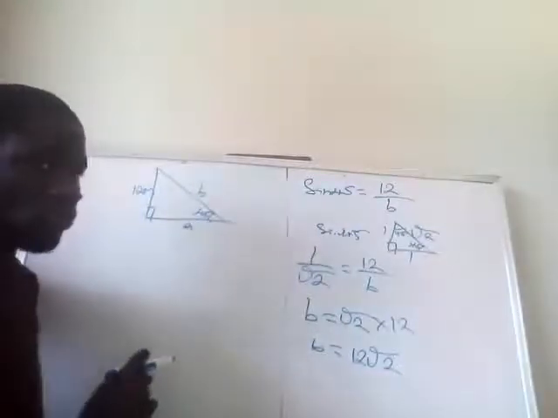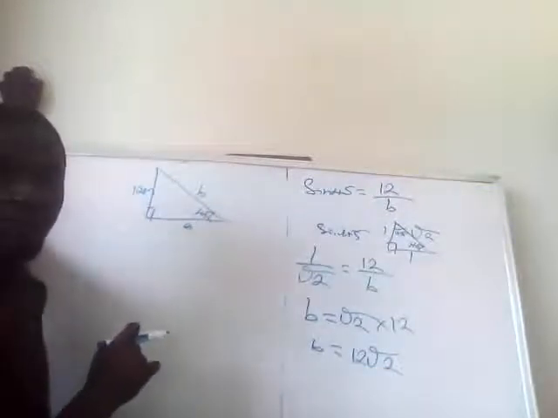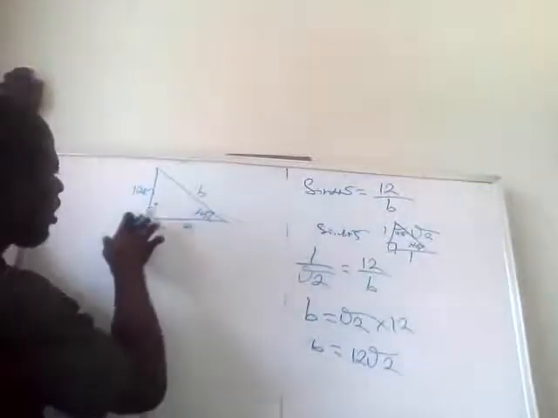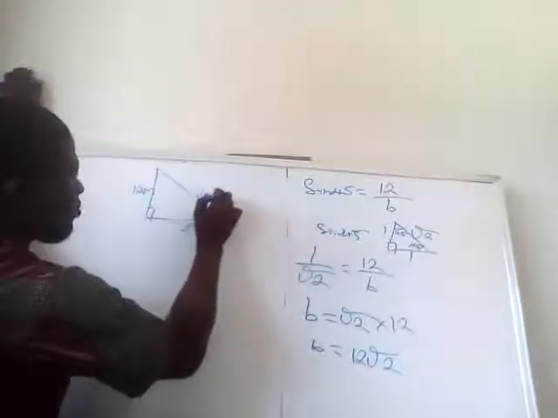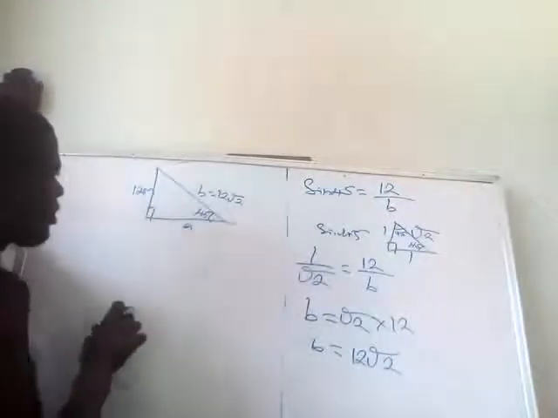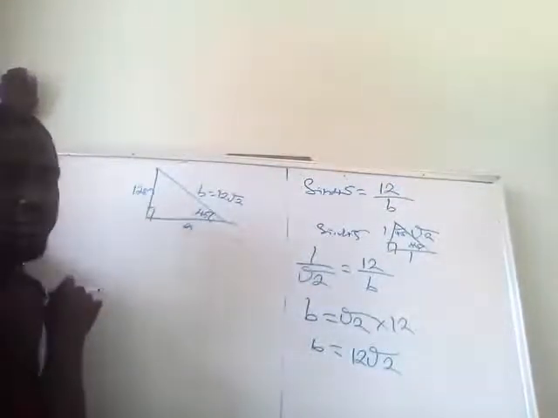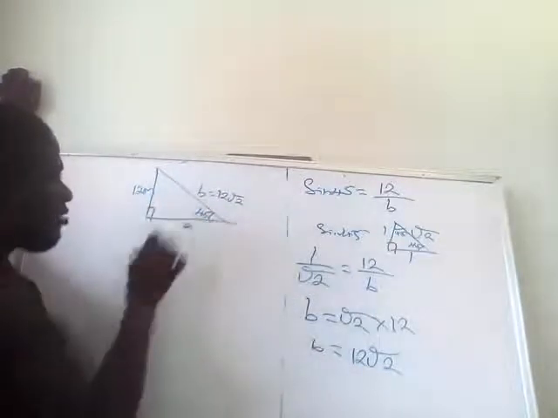So we solve now. We have gotten B as 12 root 2. Then I also want to use this 12. We have opposite over adjacent.